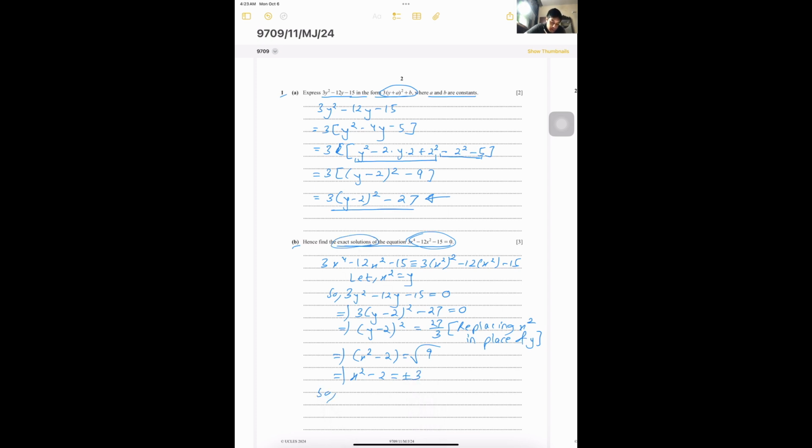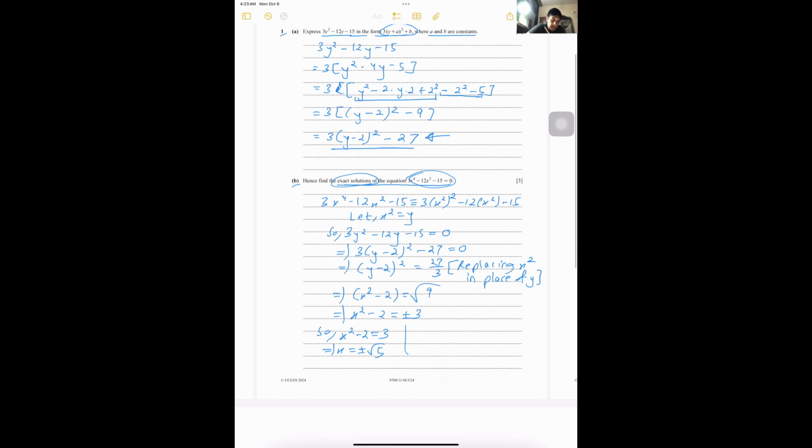Let's see. x squared minus 2 equal to 3 first, or x equal to plus minus root of 5. Again, x squared minus 2 equal to minus 3, or x squared equal to minus 1. This is not applicable as a root cannot be negative, and we will write the description: you can either write not applicable or you can just write inadmissible.